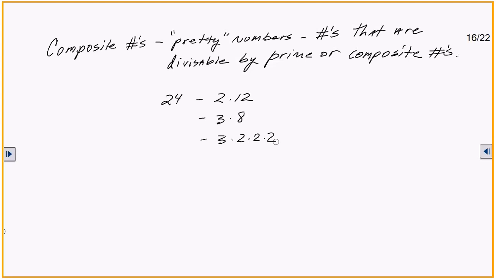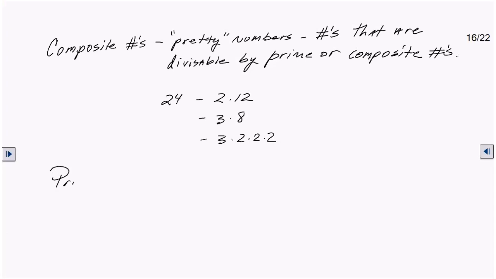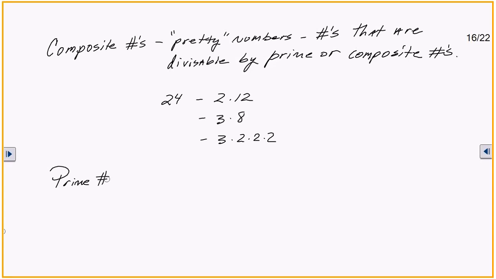I could give you a list of composite numbers, but it's easier to give you the list of prime numbers because that is what we're going to focus on. A lot of people say prime numbers are odd, but they're not.